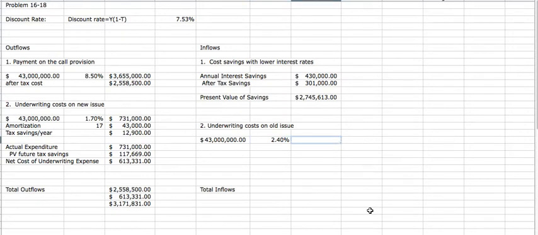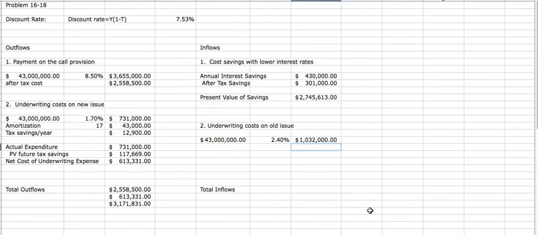So the original underwriting cost was $43 million times 2.4%, which is $1,032,000. But we wrote off $43,000 per year.